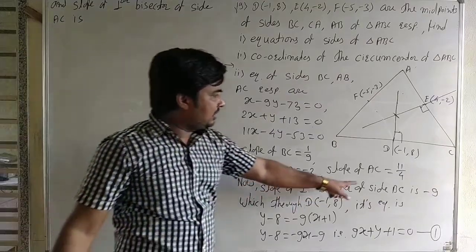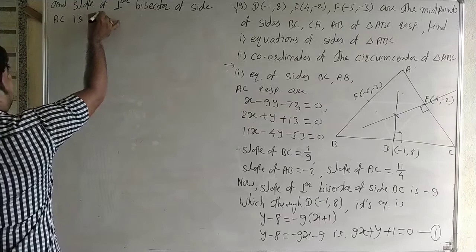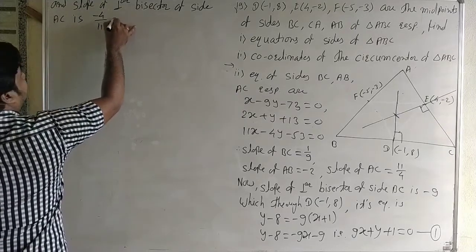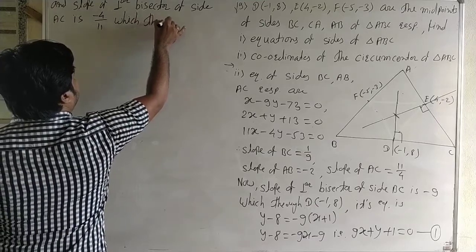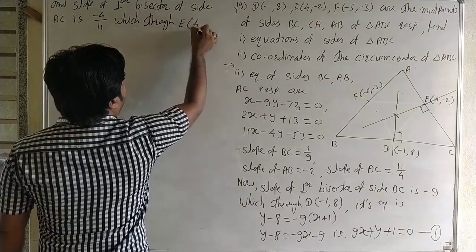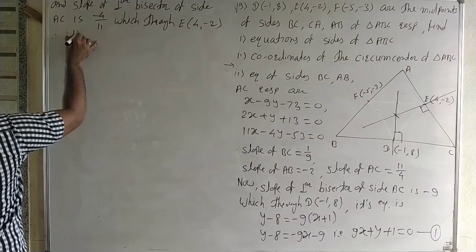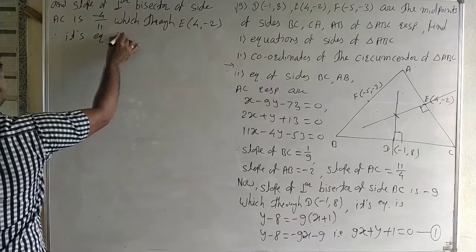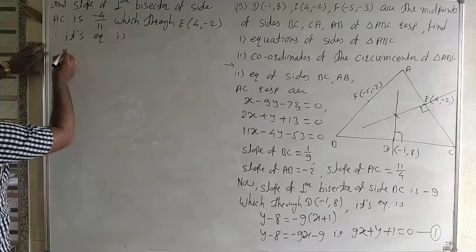The slope of AC is 11 by 4, therefore the slope of the perpendicular line is minus 4 by 11, which passes through E, 4 comma minus 2. And therefore its equation, it is the perpendicular bisector of side AC.